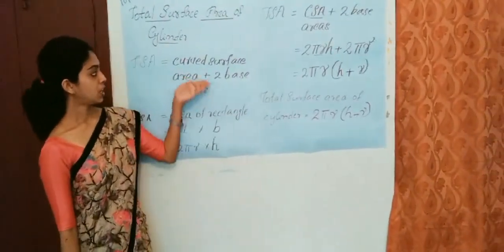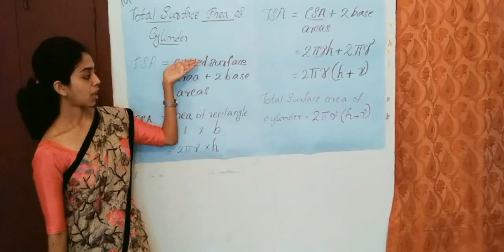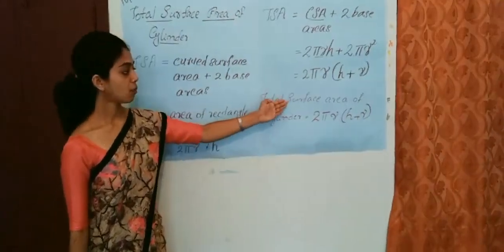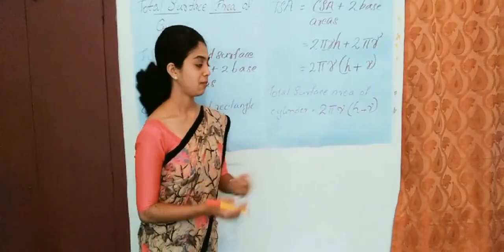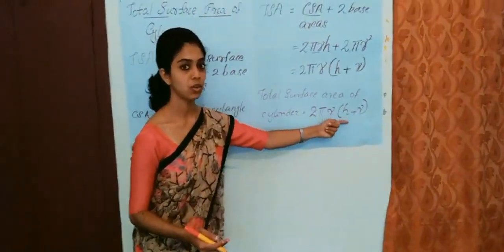So, from this we have obtained the formula for finding the total surface area of the cylinder. What is that? It is 2 pi r into h plus r.